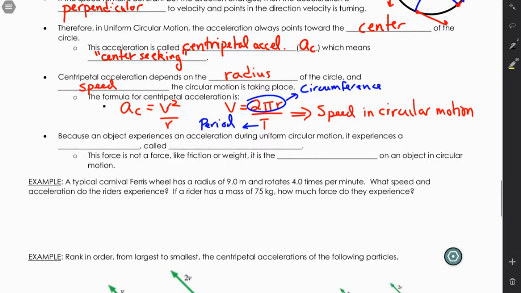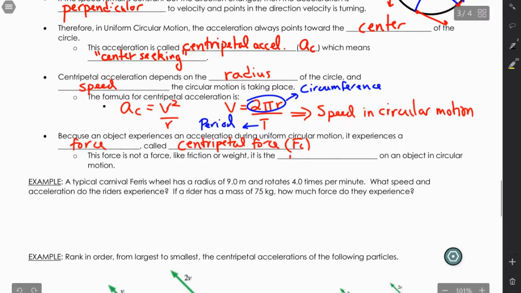Now, because an object experiences an acceleration during uniform circular motion, that means it experiences a force that we call the centripetal force. Remember, if you have an acceleration, you have a force, and we call that F sub c. One thing is, though, this is not a force like the ones in the table we filled in during Unit 2, so it's not like friction or weight.